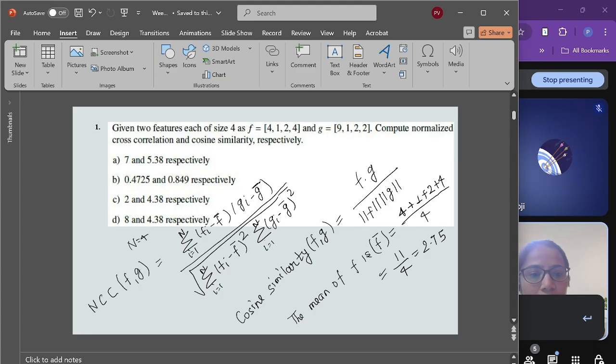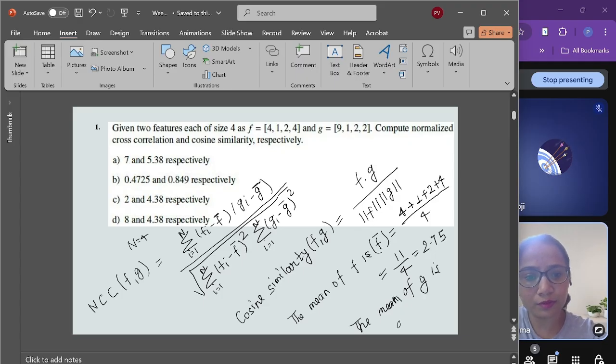Similarly, we have to calculate the mean of feature vector g also. The mean of g is represented by g dash. So take the average: sum of 9 plus 1 plus 2 plus 2 divided by 4.